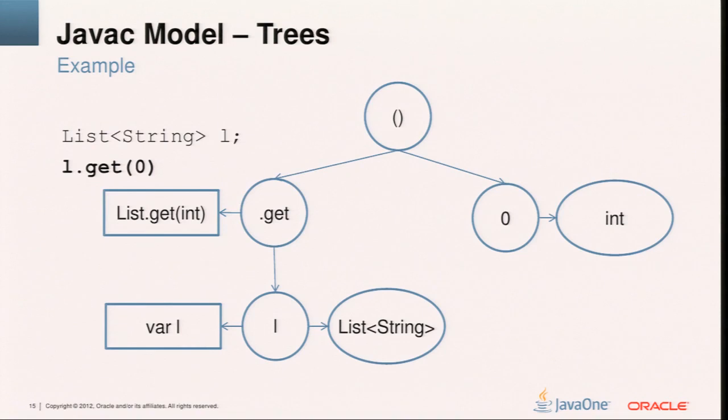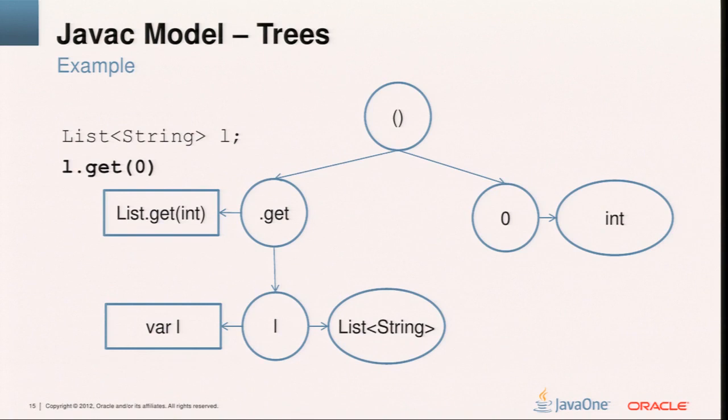Actually, this process of resolving the exact method that is being called is not very trivial. It's pretty complex, and especially since Java 5, it's not really something that one could type in 2 minutes.